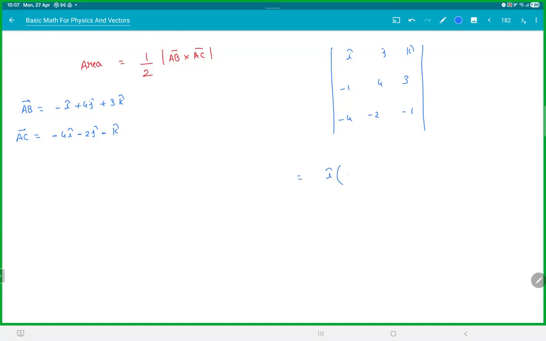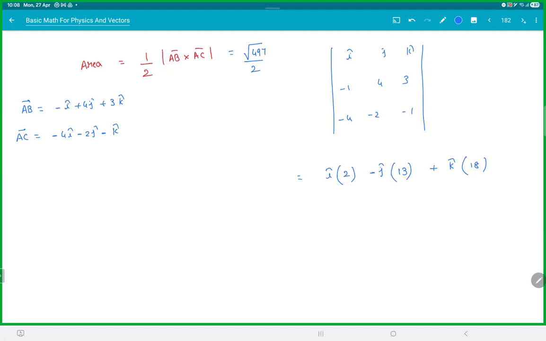That would be minus 4 plus 6, 2i cap minus j cap. So 1, 12, 13. That will be 2, 18. Got this? Then I think the magnitude will turn out to be root 497 by 2. I think two people got it. You can verify from here.